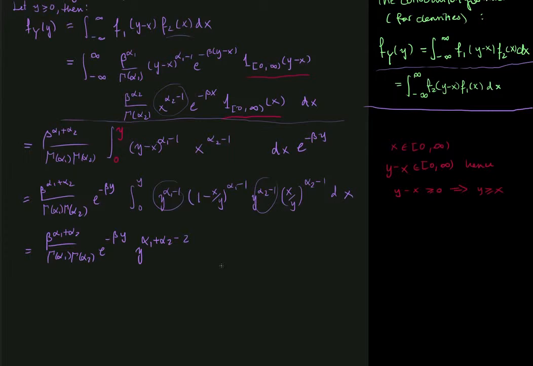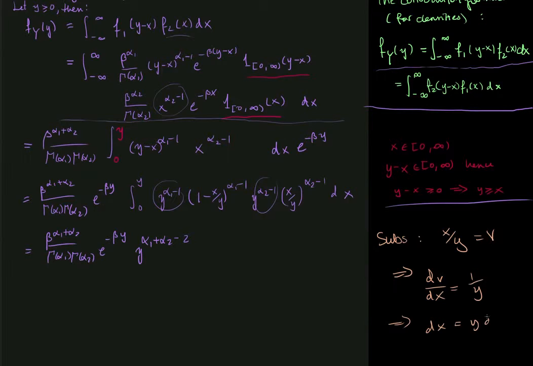And then inside the integral, I can do a substitution. So what I can do is substitute x over y with v. Now that will mean that dv/dx is equal to 1 over y, right? Which will then mean that dx is equal to y multiplied by dv.